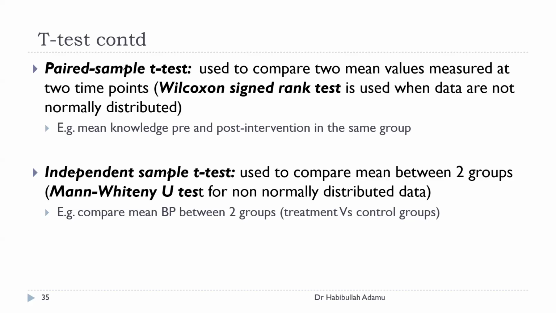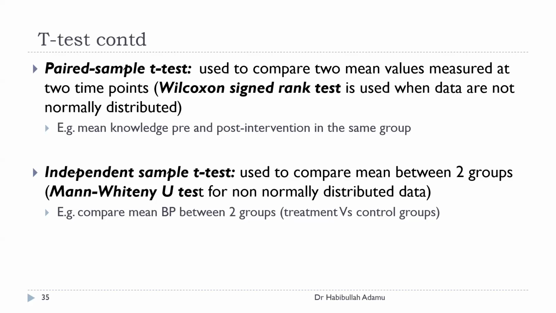After your intervention, you take the weight again. If you want to know whether your intervention has worked or not, you compare your baseline weight with the post-intervention weight. In this case you can use paired t-test because each member of that single sample has two readings. That is why it is called paired t-test.